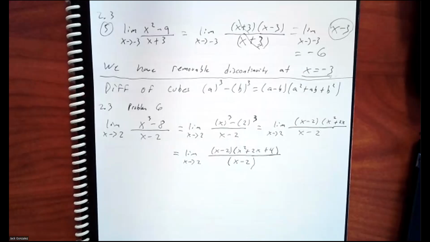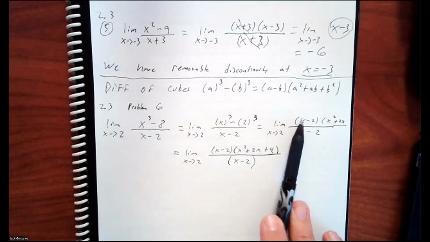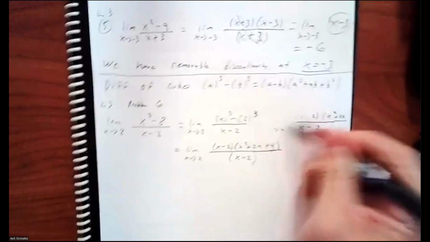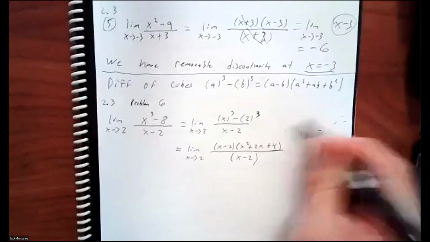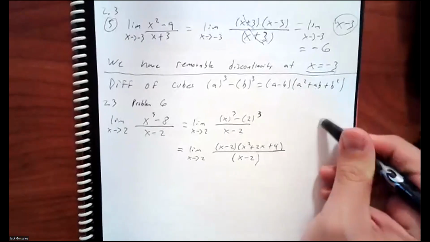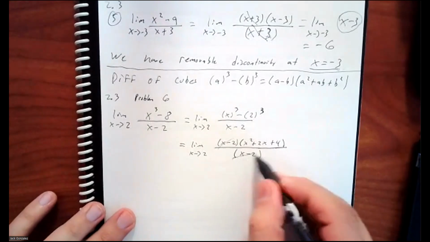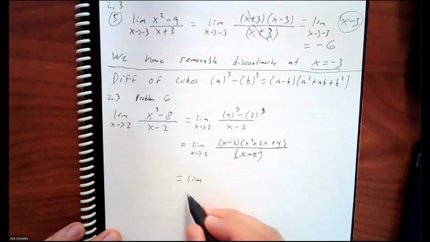Sorry about that. Okay, so rewrite it in cube form so you know for sure what is a and b. So there's a cubed, b cubed. So that goes here and here. So these will cancel, creating a removable limit, right?